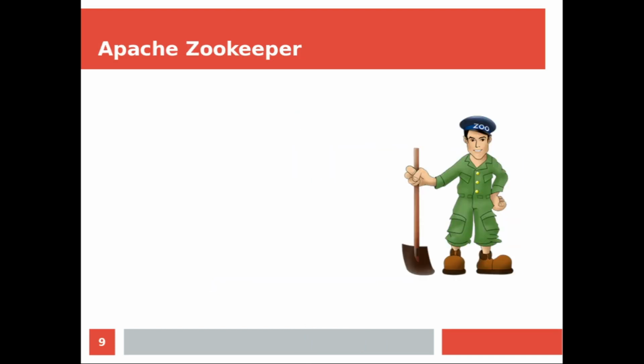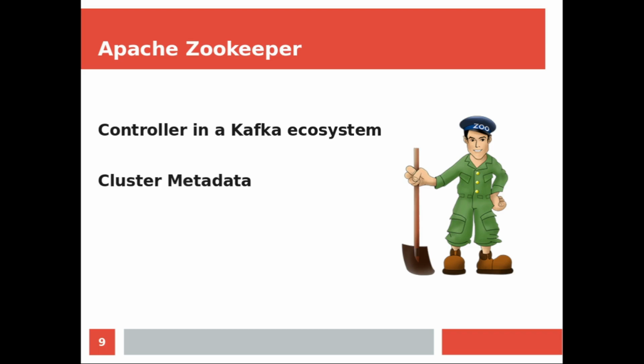Apache Zookeeper is another software solution provided by Apache. It is basically a service that is running, and its main point is to control the Kafka ecosystem, or the Kafka cluster. It contains all cluster metadata. For example, we can easily see how many brokers we are running on our server. Also, all monitoring information we are storing in Zookeeper.